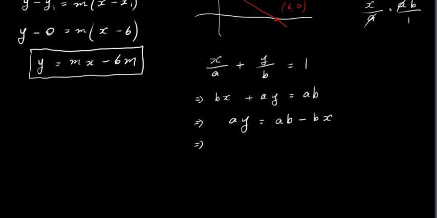I want to get the y on its own, remember, so we end up with y is equal to, dividing across by a, if we divide ab by a, we just end up with b. Divide this by a, we end up with minus b over a x.